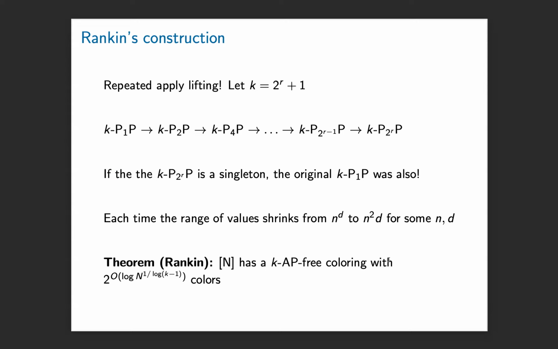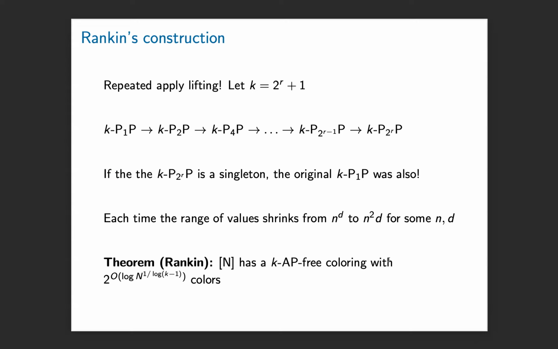I alluded to this before. We're really restricting the sets of vectors here because we have this exponentially increasing restriction. But each time we do this, the range of possible values goes from n to the d to n squared d.